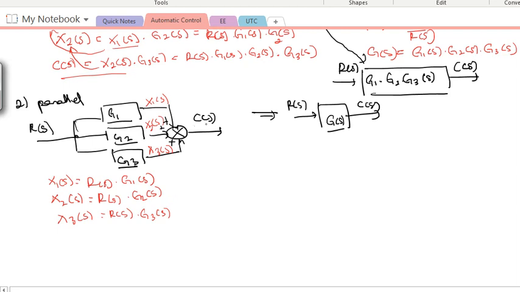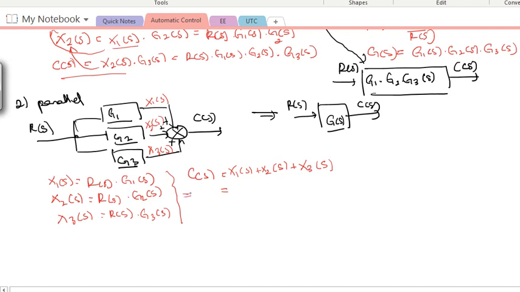And then at the end, we have CS. What does CS equal to? We know there is a summing junction here. So CS is X1S plus X2S plus X3S.